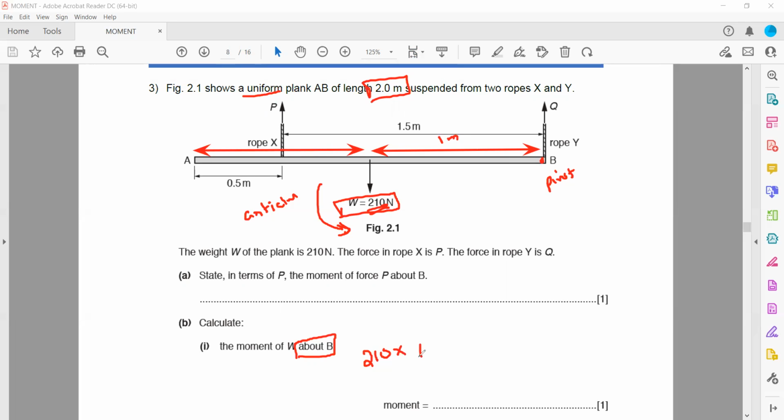So it will be 210 multiplied by 1, which is equal to 210 Newton meter. How did I get 1 meter? Because they mentioned it is a uniform object, and for a uniform object, weight always acts at the center. So 210 multiplied by 1 gives 210.